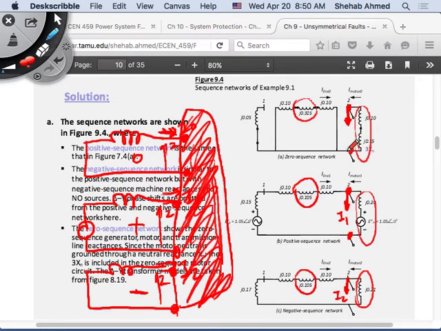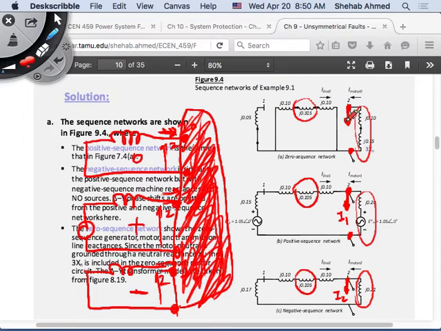I've connected these circuits somehow, and I'm not going to draw the connections, because the connection was used to calculate the current flowing out of this node into the ground.